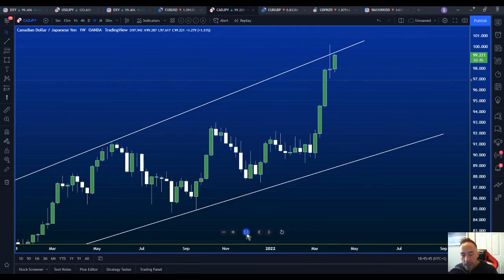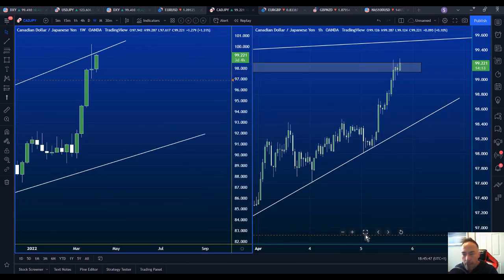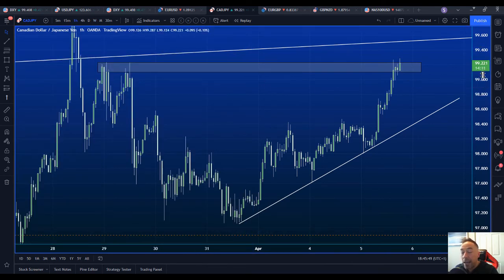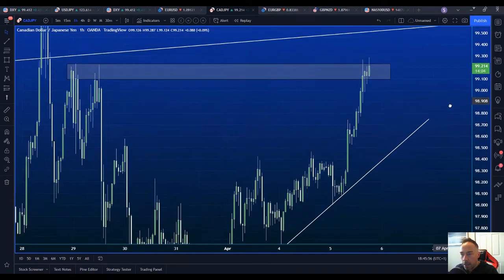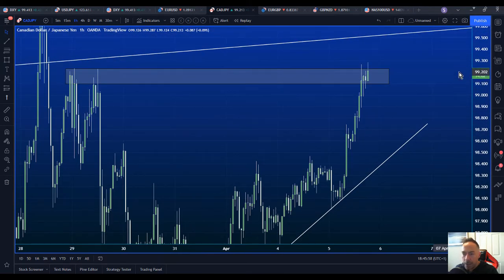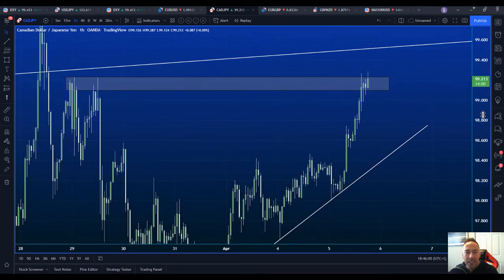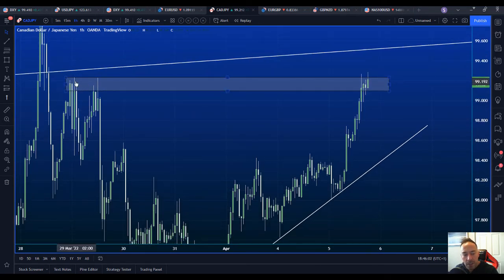Let me just have a little look at the 1 hour, because the 1 hour is actually in an area of interest, which is in these highs here. As you can see, it's about that 99.20 level. Previous resistance here, that's last month, 29th of March.